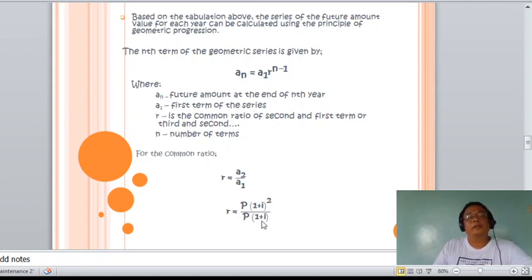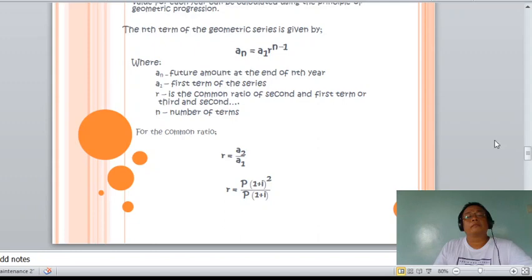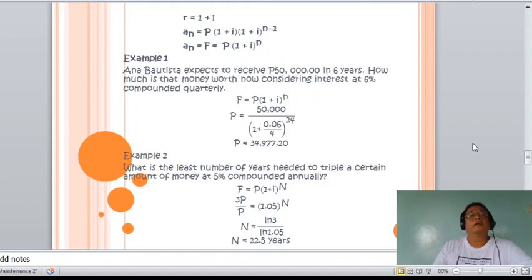So, this is the future amount at the end of the first year, where the common ratio now is equal to 1 plus i. So, P is eliminated, 1 plus i is again eliminated. The remaining is, of course, 1 plus i, since 1 plus i at the numerator is in square form.